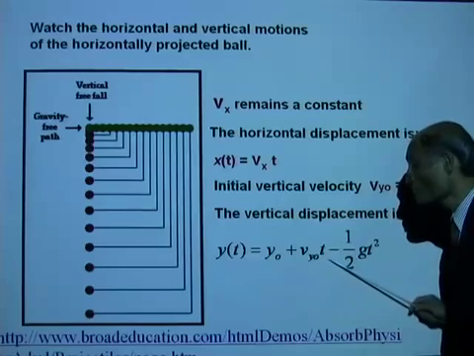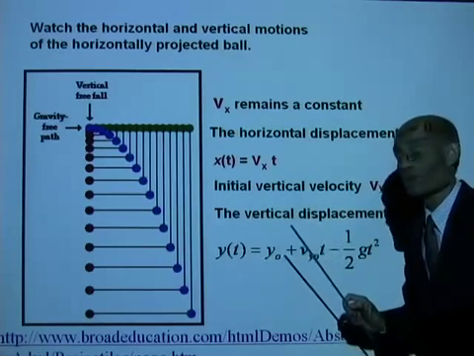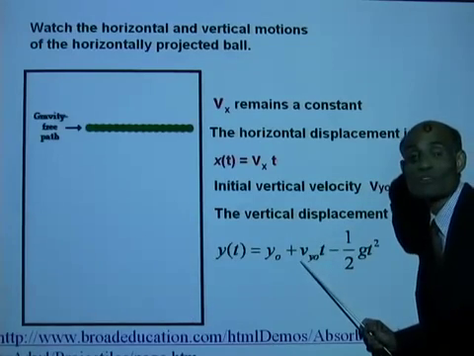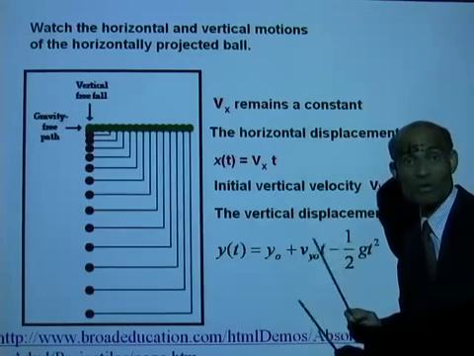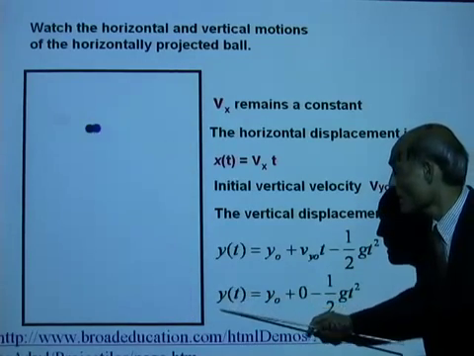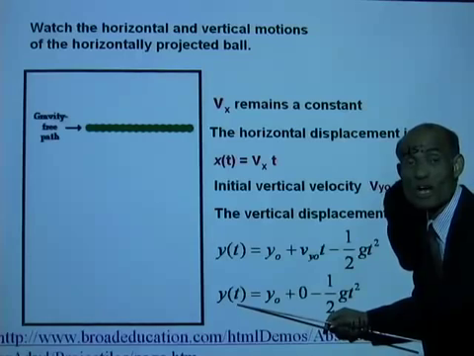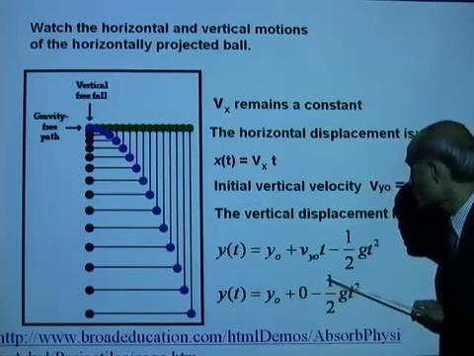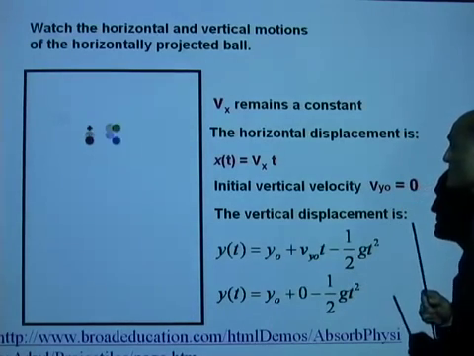This is the y position at any given time. What is the value of vy0, the initial y velocity? It is 0. Therefore, you can say y of t, the y position at any given time, is y0 minus 1/2 g t squared.